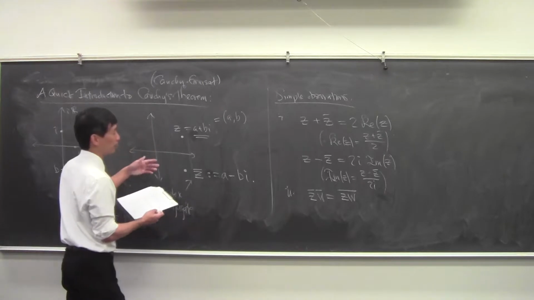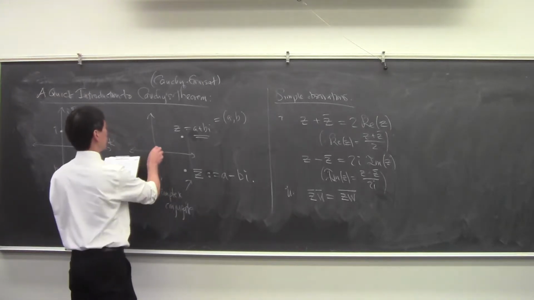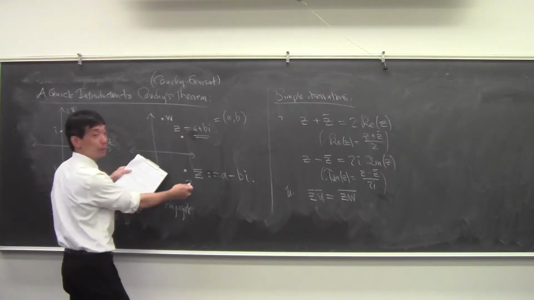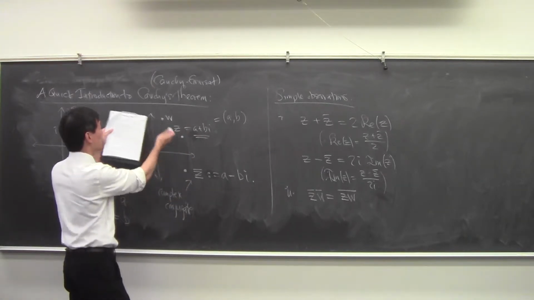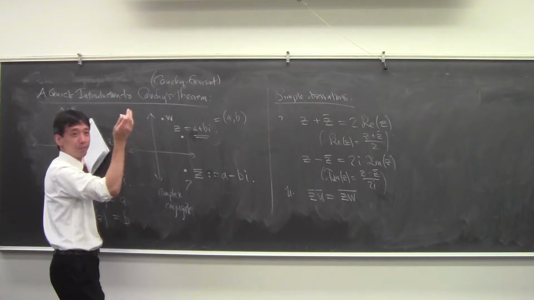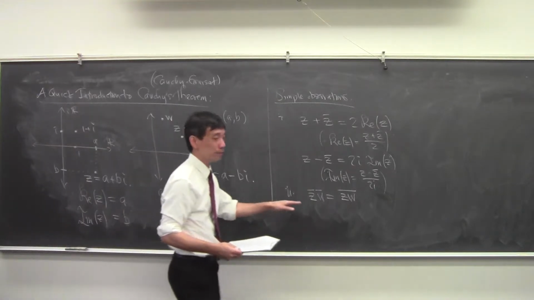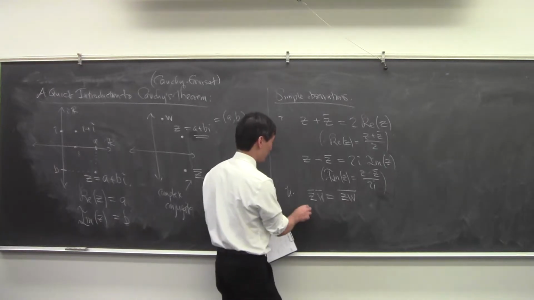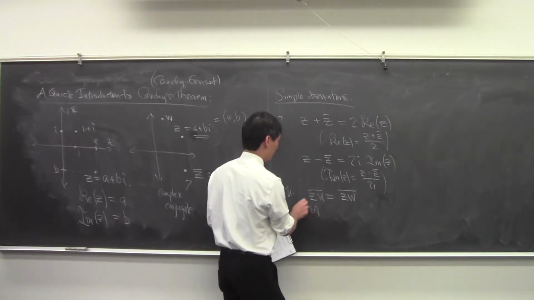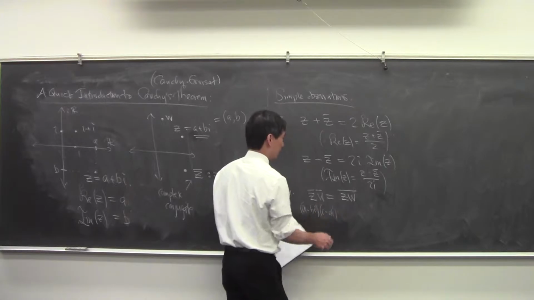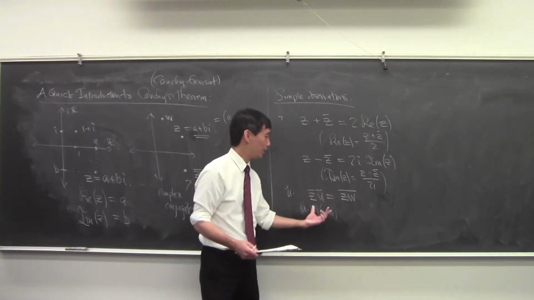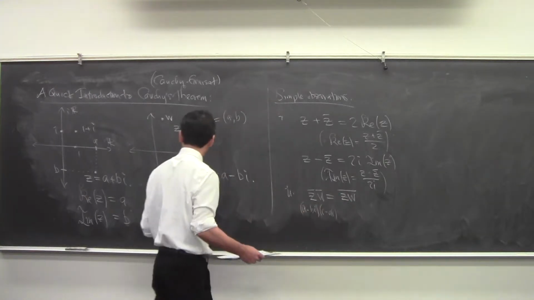So if you have these two numbers, z and w, and you reflect them and multiply them, it's the same thing as if you multiply them and then reflect them. That requires a little bit of calculation, but it's pretty straightforward. You would just multiply a minus bi, c minus di, and see that it equals the product conjugated.